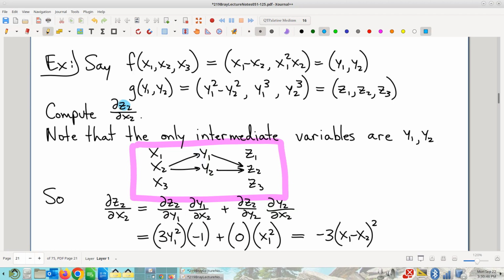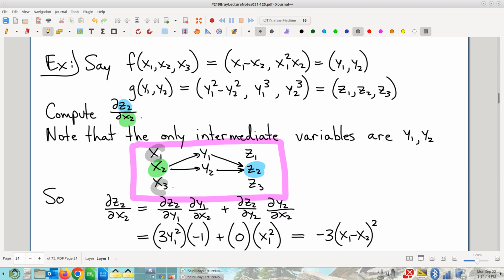Okay. All right, so keeping that in mind, then let's get to answering the question. We're looking for a partial of Z2. Well, there it is. We're interested in the partial of Z2 with respect to X2. There it is. And the diagram is now doing us a couple of really nice favors. One is, well, I can see that X1 and X3 are constants. I'm taking a partial with respect to X2. X1 and X3 are the other variables in its world. They are therefore held constant.